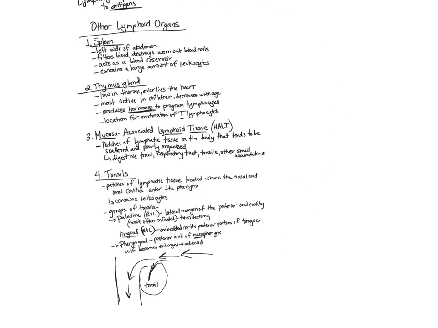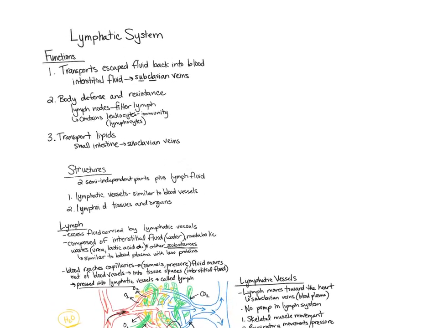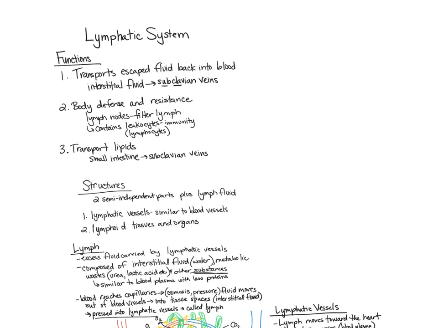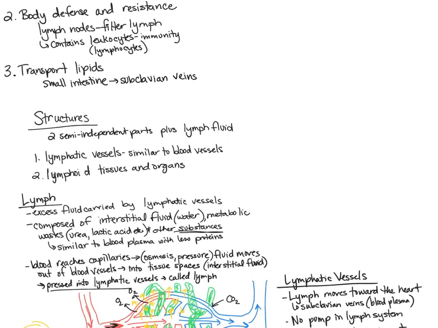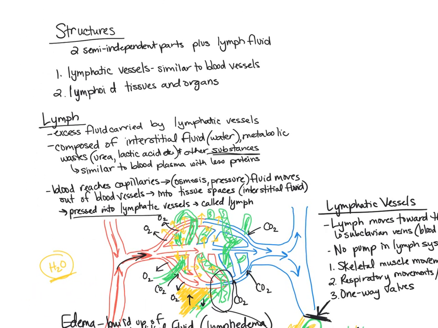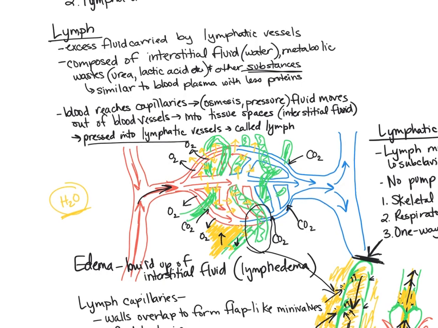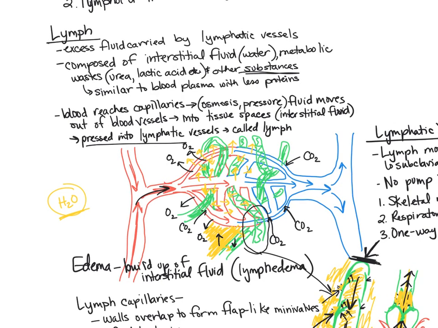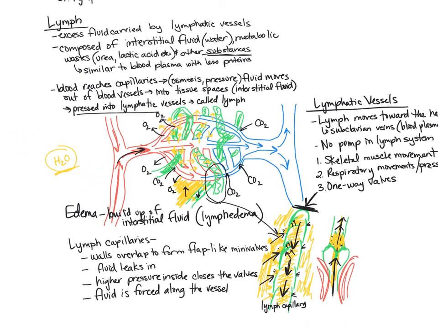We have our lymphoid organs that we just finished up with the tonsils. So we talked about the different functions of the lymphatic system, the 3 different functions there. We talked about the structure. So remember, there are 2 semi-independent parts, which are the lymphatic vessels, and then the lymphoid tissues and organs, which we just finished up. And then we also have lymph fluid flowing through the vessels. We talked about lymph fluid, how we get lymph, how it works with the lymph capillaries.